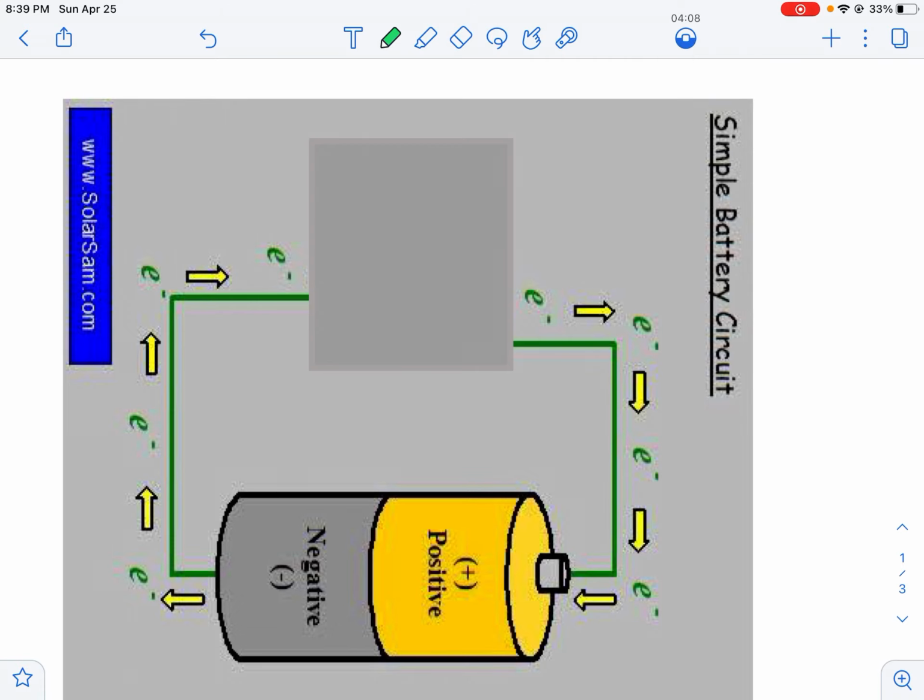We've got our battery here, right? And there's a chemical reaction that happens inside the battery. So there's a chemical thing going on with some battery acid and some copper and some zinc, okay? But what happens is that all the negatives accumulate on one end of this battery, leaving all the positives on the other end of the battery, okay?